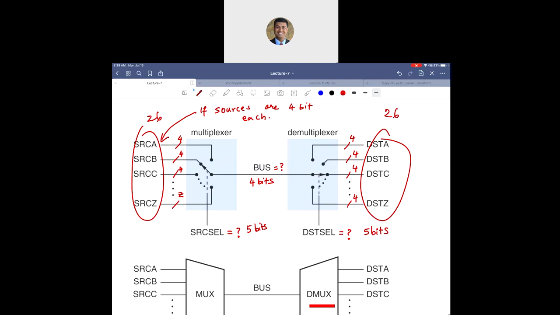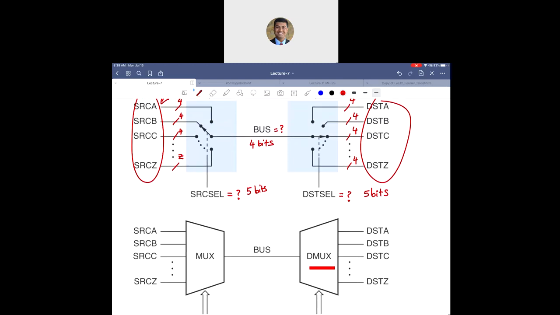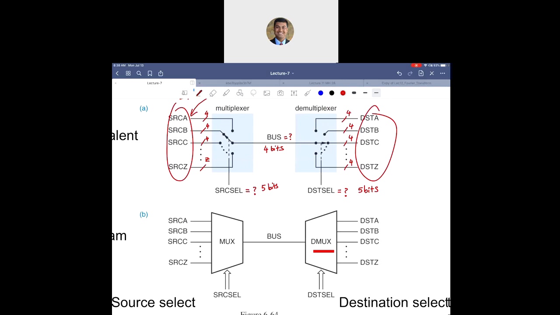In terms of switches, yes, you would need 4, but you see, you can obviously treat this as a 4-bit mux, right? So it depends on what type of mux you are using. If you are using a mux which has inputs that could be multiple bits, then you will be fine.